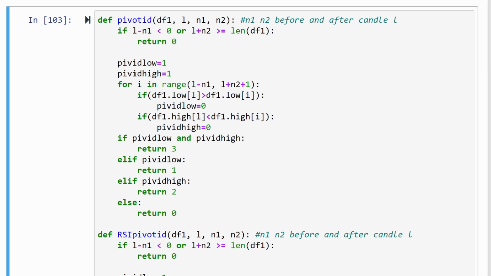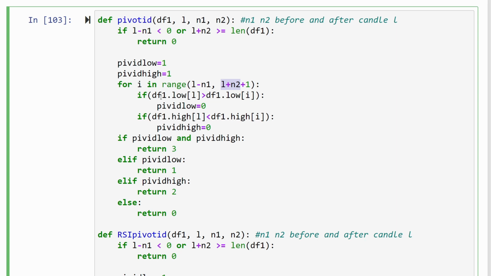Then I'm considering that the current candle is a pivot ID low and is also a pivot ID high. And I'm going to check for i in range between L minus N1 and L plus N2 plus 1, in order to include the candle of ID L plus N2 in my calculation.